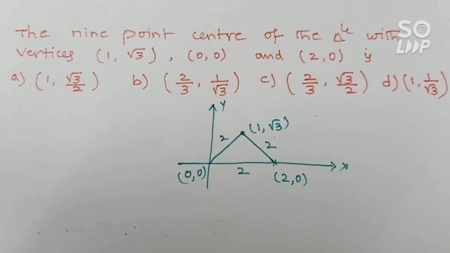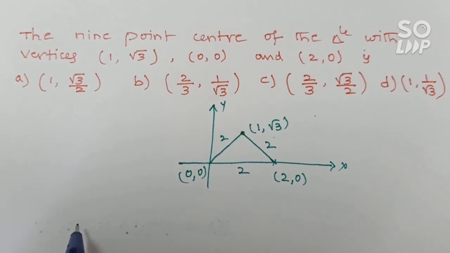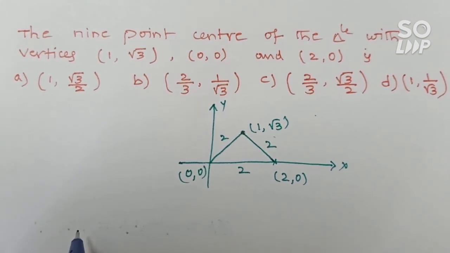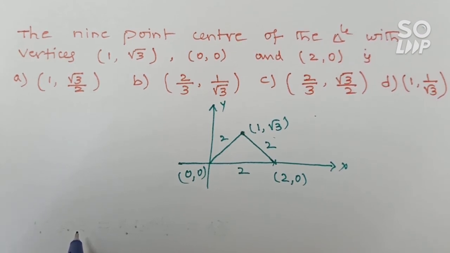That means in an equilateral triangle, the orthocenter and circumcenter are both equal to the centroid. So what is the centroid of this triangle?